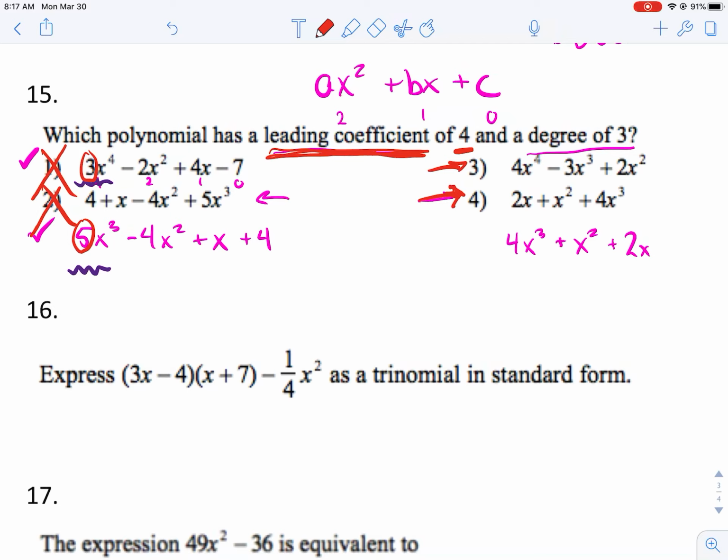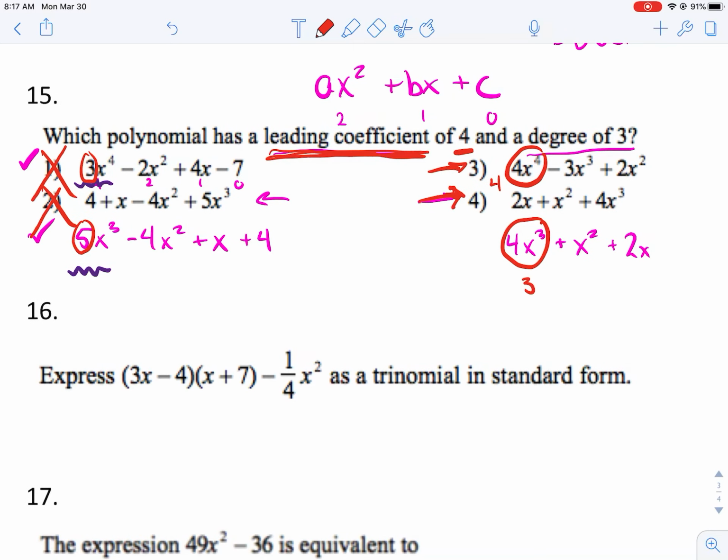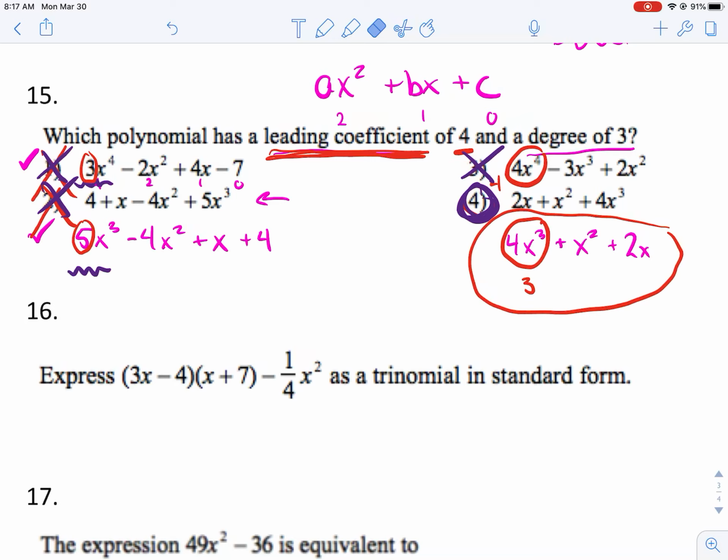So what we're looking at is what is the degree of the polynomial, and the degree of the polynomial is always the highest degree you see in each of these. So in this case, your highest degree measure should always come in the front, because it's in standard form. So this one is 4, and this degree measure is 3. So we have a degree measure of 3, leading coefficient of 4, and so our answer, put it in a different color, is 4.